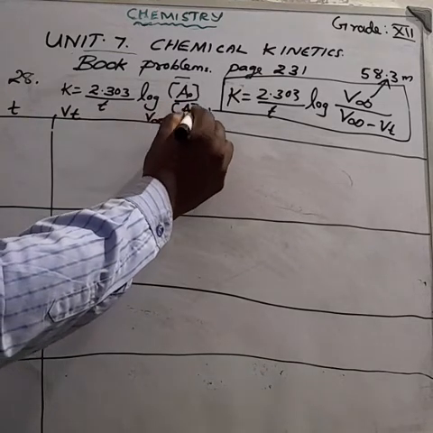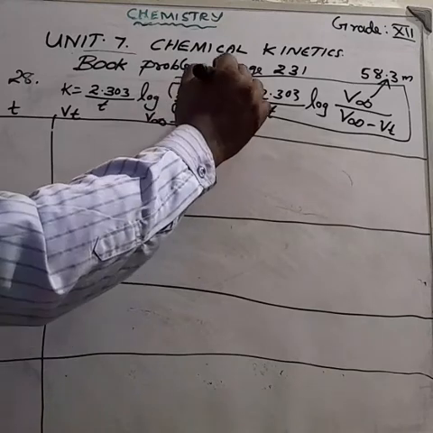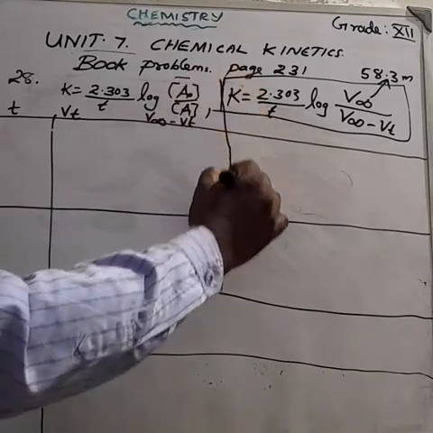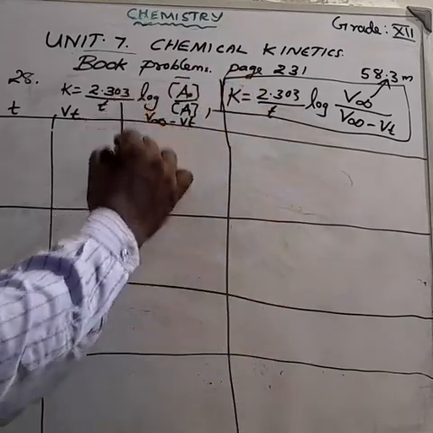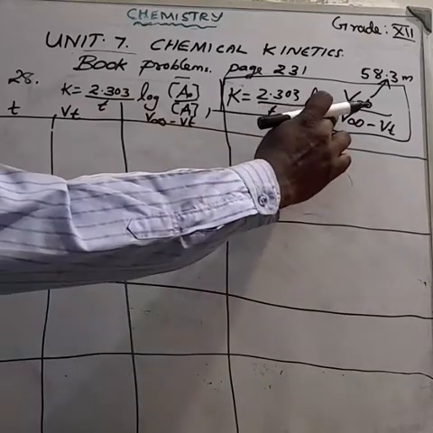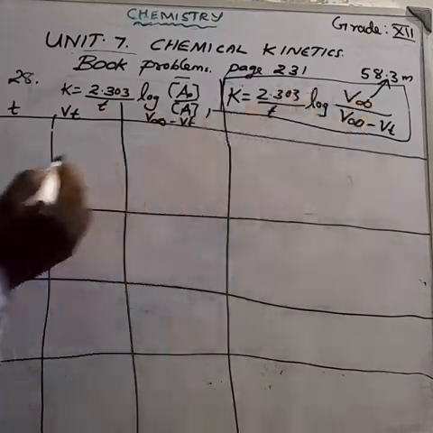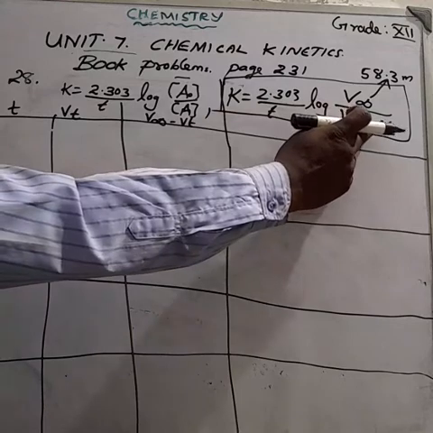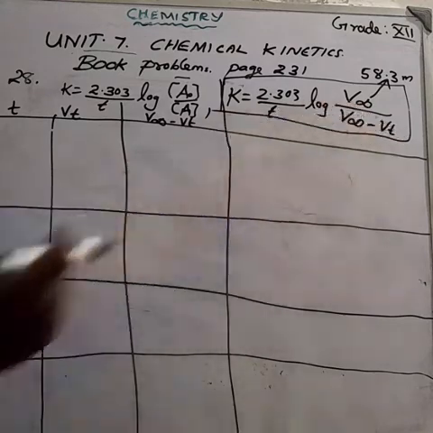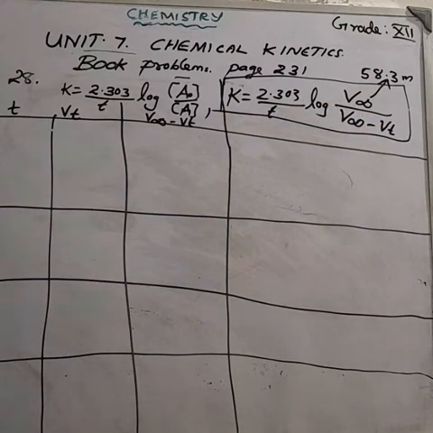Then K is equal to 2.303 divided by T log V infinity divided by V infinity minus Vt.